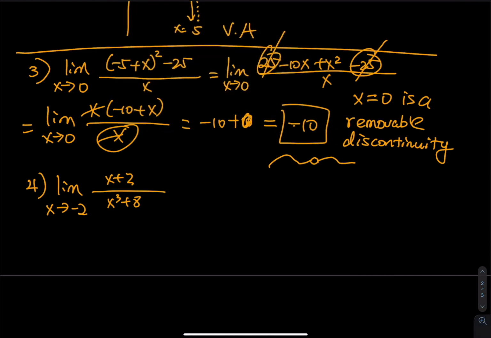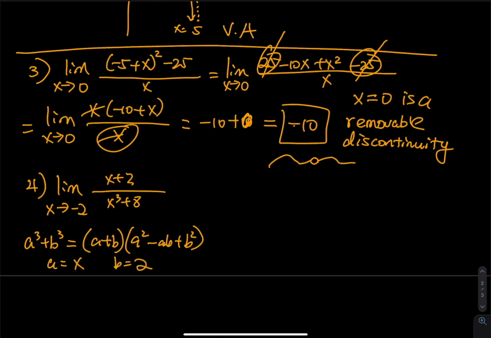I can just use the formula written on top. So let's not go back there. So we have a to the third plus b to the third equals a plus b times a squared minus ab plus b squared. So a is equal to x, b is equal to 2 because 2 to the third is equal to 8. So the top, no change.